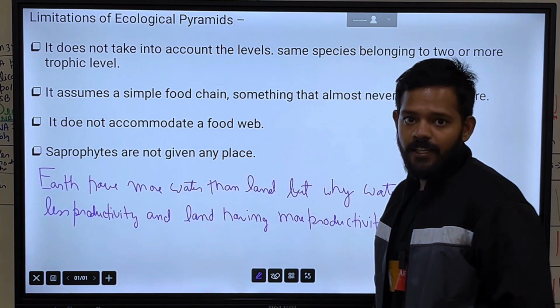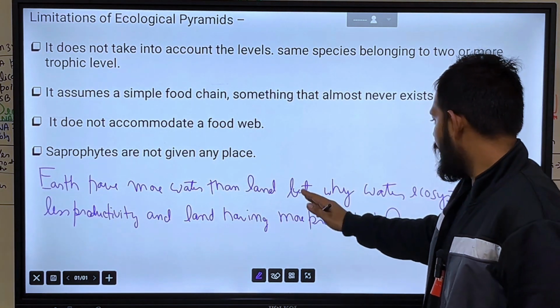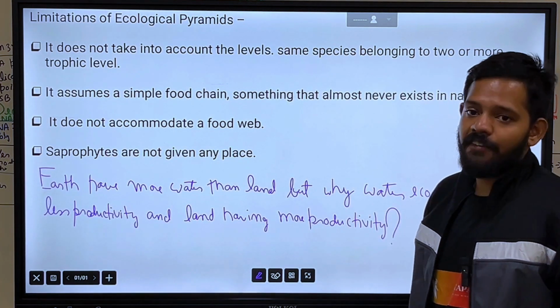This is the question of the day: why does earth have more water than land, but why does the water ecosystem have less productivity and land have more productivity?